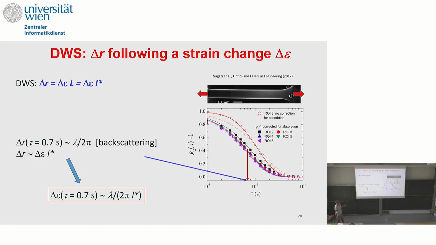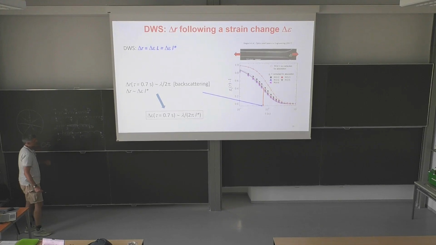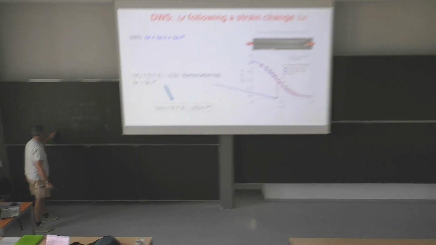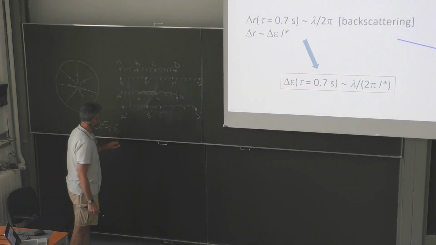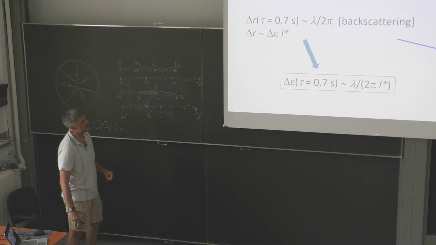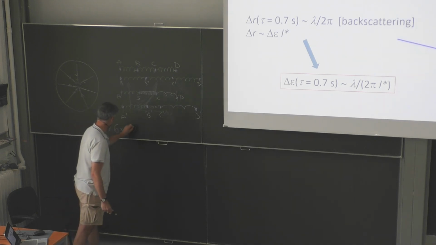Here lambda was about 500 nanometers, let's say 0.5 microns. And then I had to divide by 6, let's say 2 pi is 6, times L star. Here it's typically 100 microns, something like that.